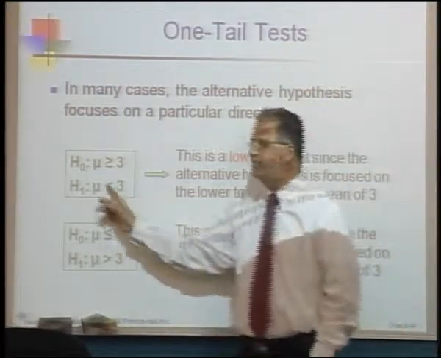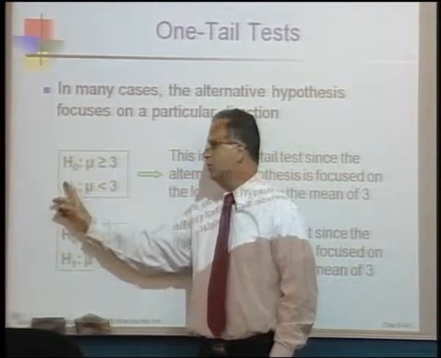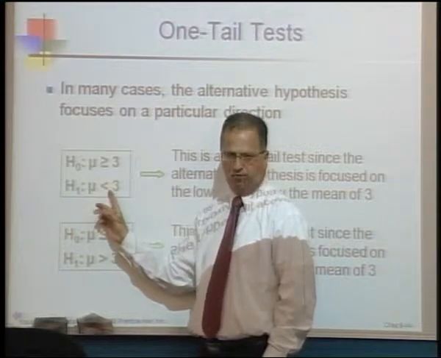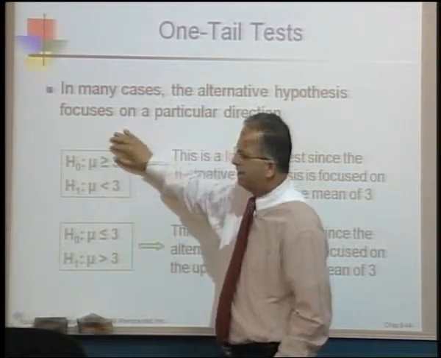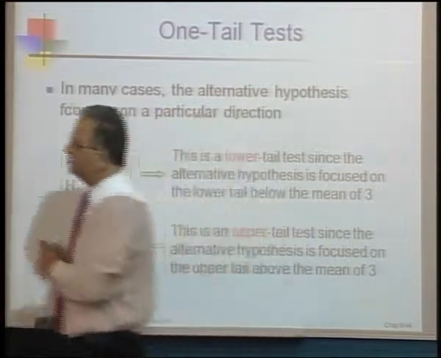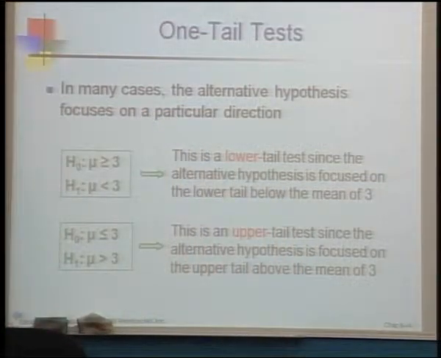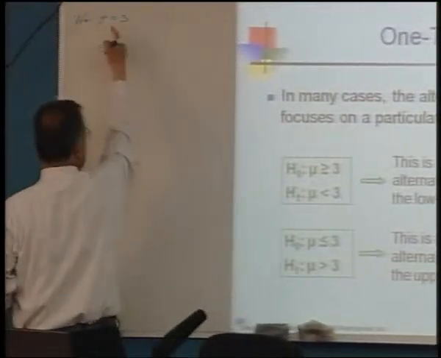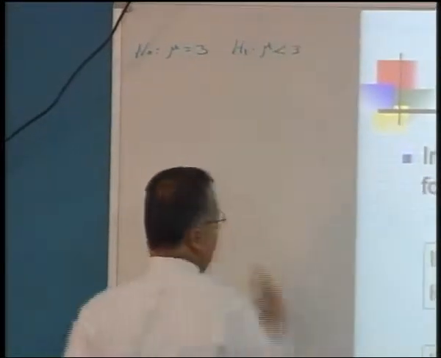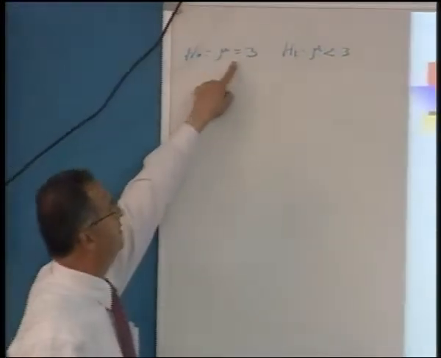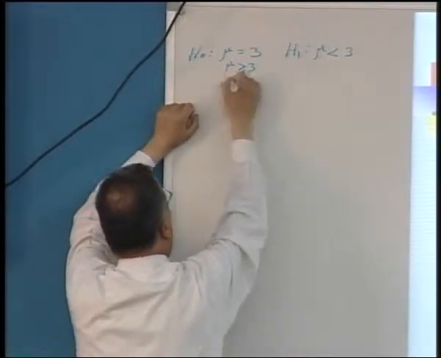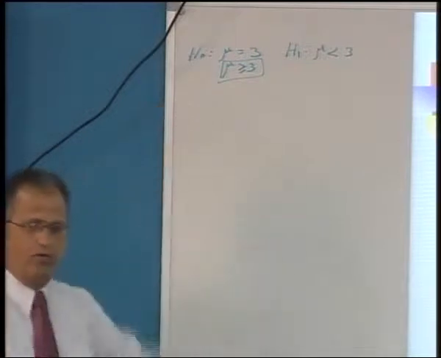In this case, the alternative hypothesis, H1, might be, for example, mu smaller than 3. So the null hypothesis can be written as mu greater than or equal to 3. Just for simple notation, we can use mu equal to 3 instead of mu greater than or equal to 3.